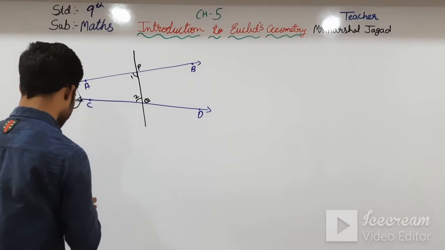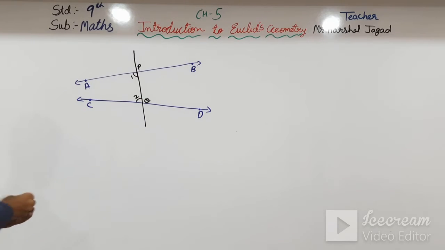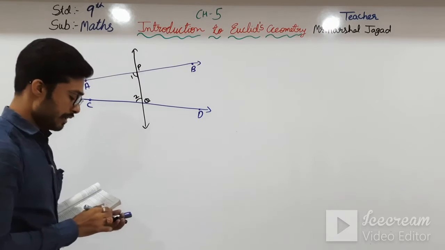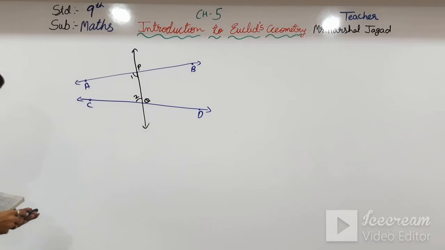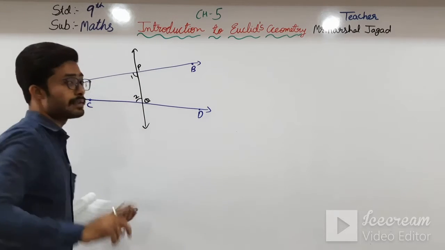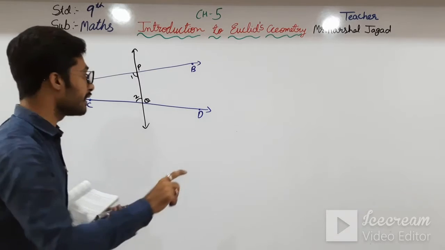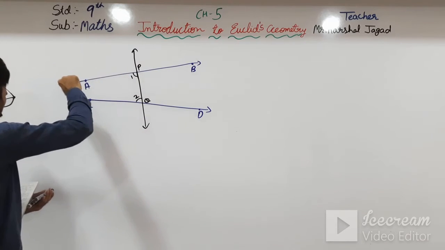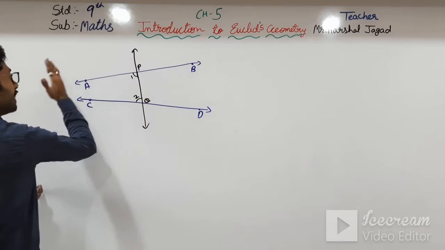You can see students. Now what they are trying to say, I am just explaining that. So here the angles 1 and 2 sum to less than 180 degrees. So a point will be formed on the left side of PQ.